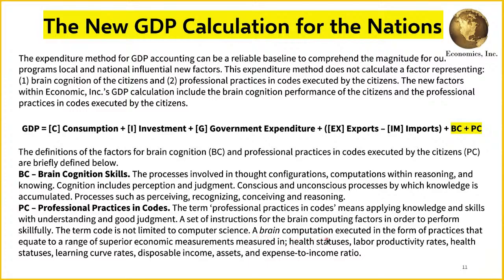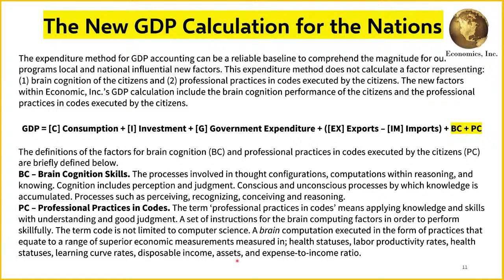A brain computation executed in the form of practices that equate to a range of superior economic measurements measured in a health status, labor productivity rate, health statuses, learning curve rates, disposable income, assets, and lastly, expense to income ratio.